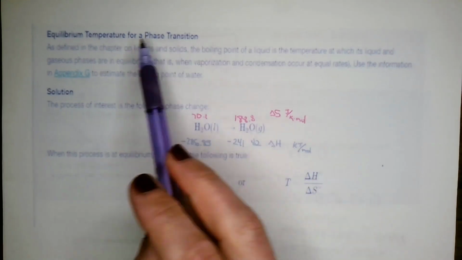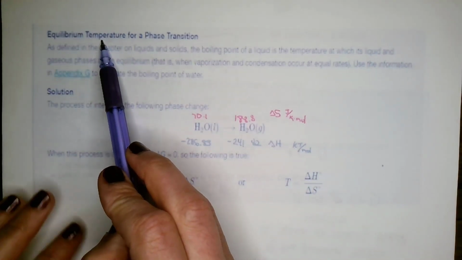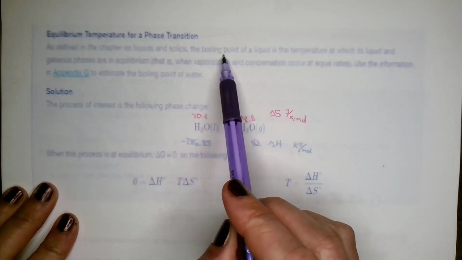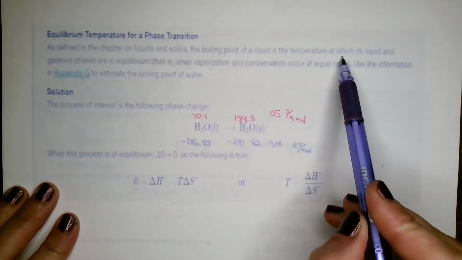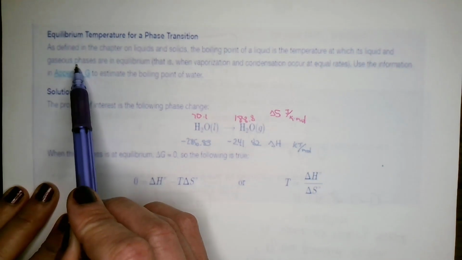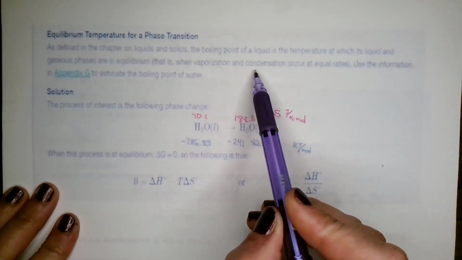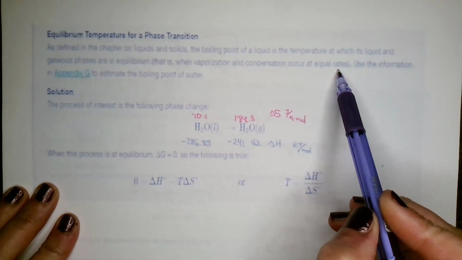Let's look at an example here, looking at the equilibrium temperature for a phase transition. As defined in the chapter on liquids and solids, the boiling point of a liquid is the temperature at which its liquid and gaseous phases are in equilibrium. That is, when vaporization and condensation occur at equal rates.